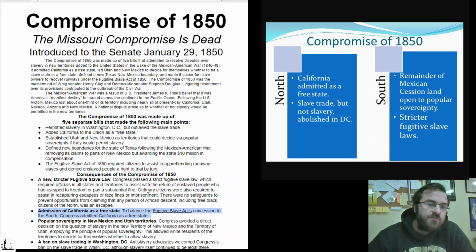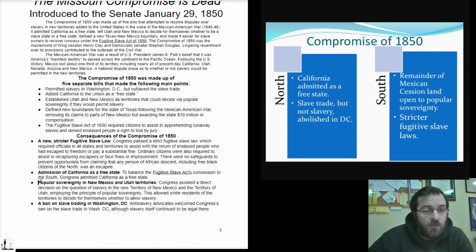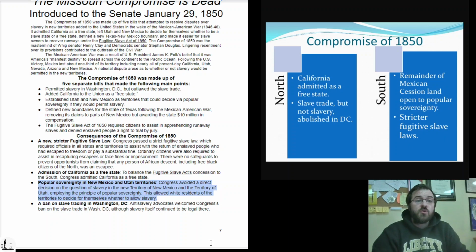Admission of California as a free state. To balance the Fugitive Slave Act's concession to the South, Congress admitted California as a free state. Popular sovereignty in New Mexico and Utah territories. Congress avoided a direct decision on the question of slavery in the new territory of New Mexico and the territory of Utah, employing the principle of popular sovereignty.